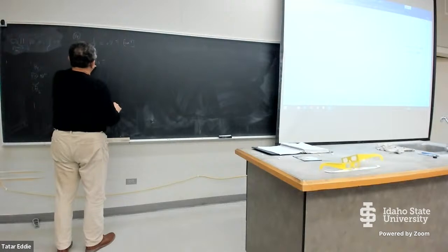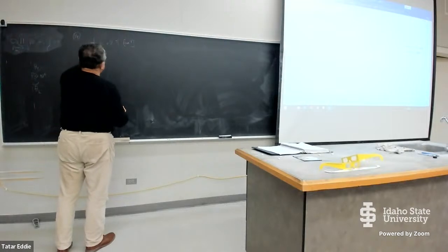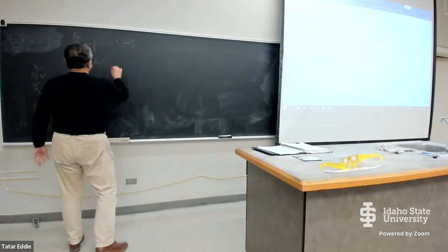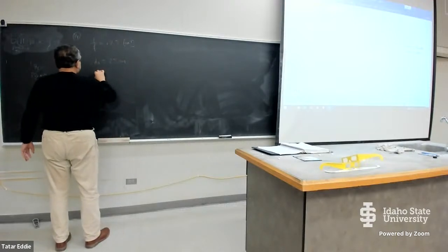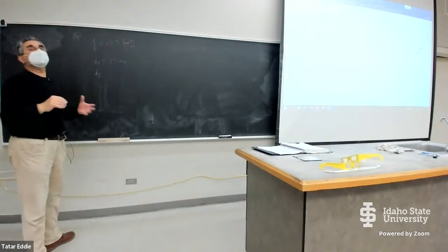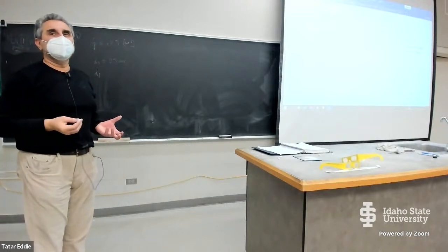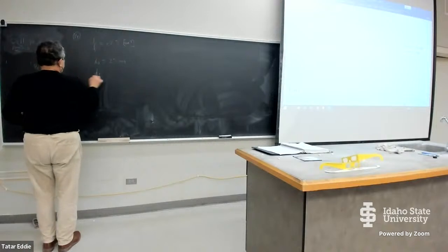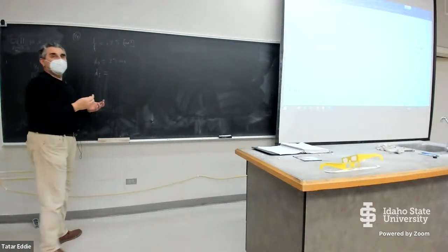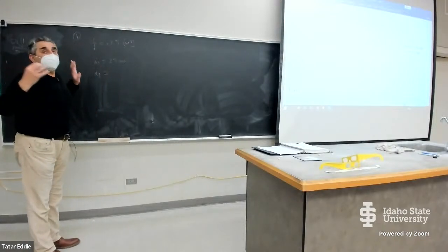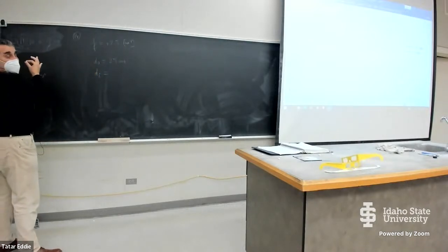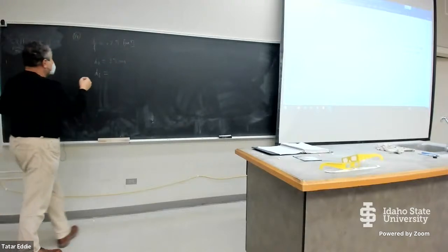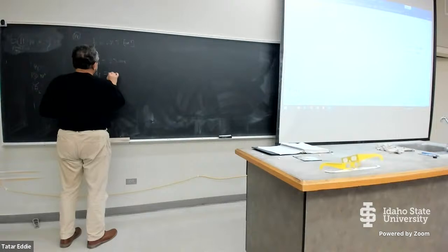But DO is 25 centimeters. DI is going to be formed at the near point, and it is going to be negative according to the sign convention because it's going to be formed in front of the lens where the eye can see it. So it is going to be negative.